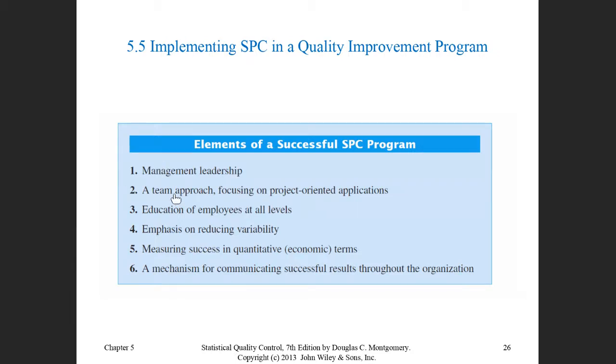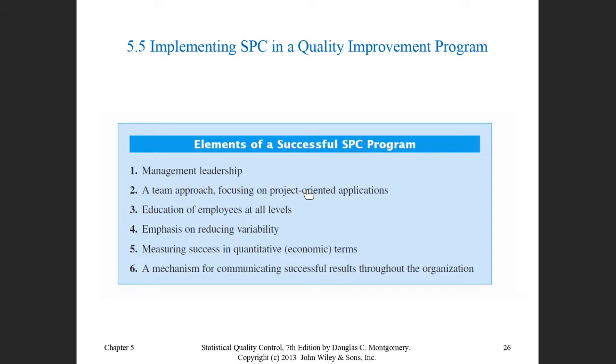A team approach focusing on project-oriented application. So usually it is not one person. It needs teamwork to be done. There is a specialist in statistics or industrial engineering who can coach the team, but it also needs collaboration from all the other team members to improve.